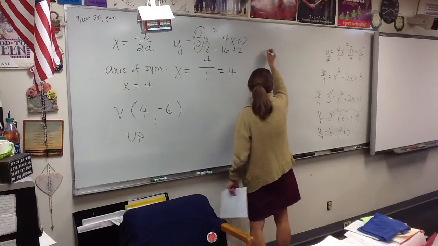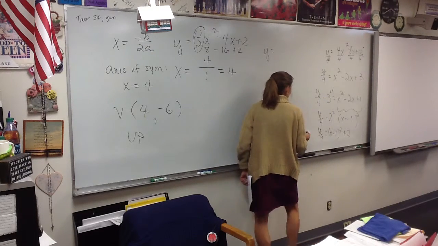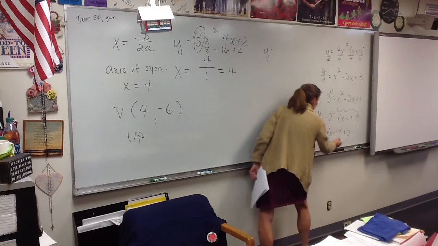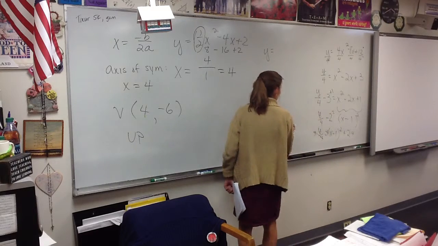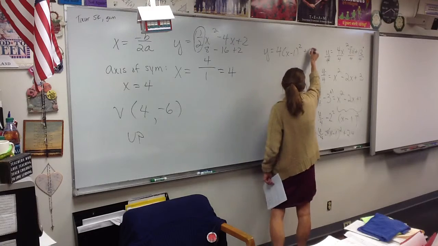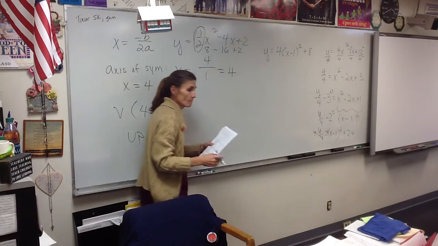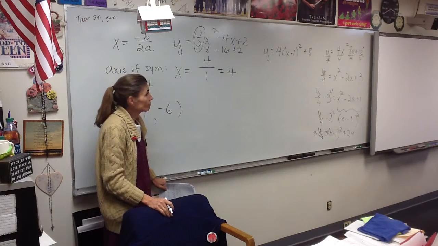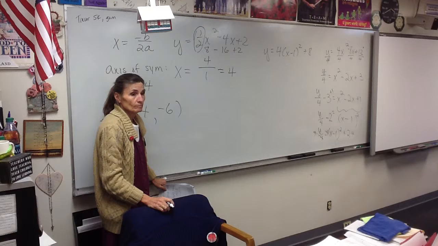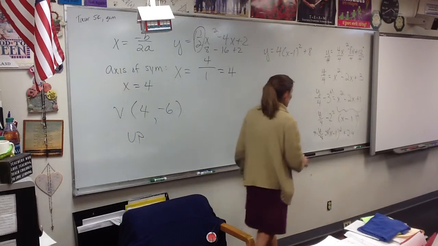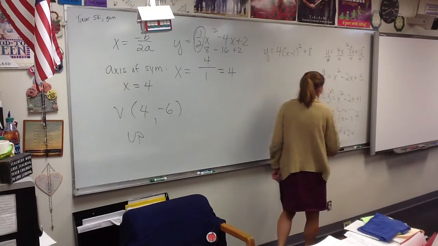We'll multiply by 4. And when you multiply by 4, you multiply the parentheses by 4 and the number by 4. So you have 4 times x minus 1 squared plus 8. Wait, is that negative 4? So it's multiplying by this 4, so it's just 4.